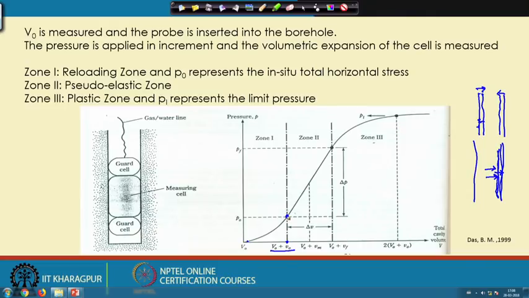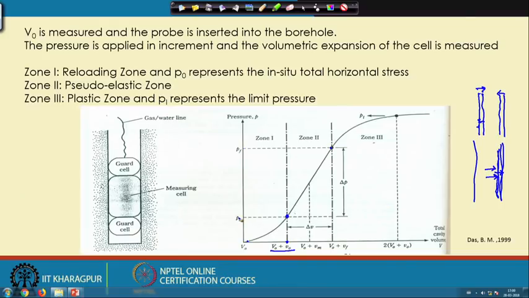Corresponding to these 2 points, the volume is small v0 and the pressure is small p0, and corresponding to the other point, the volume is V0 plus small Vf, where Vf is the final, and the corresponding pressure is noted as Pf.